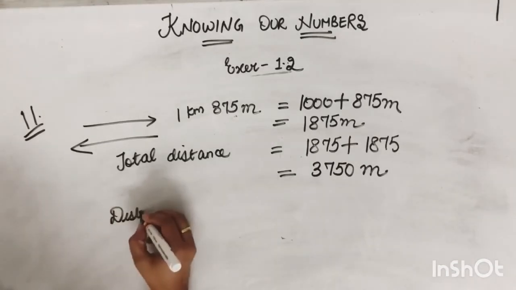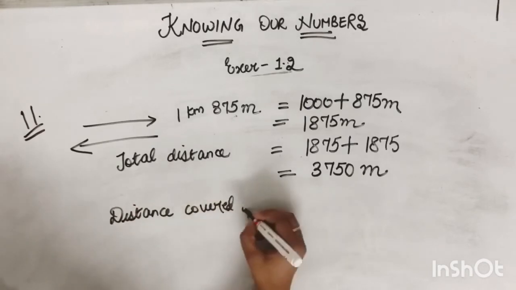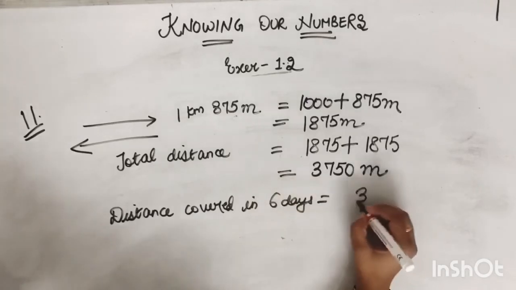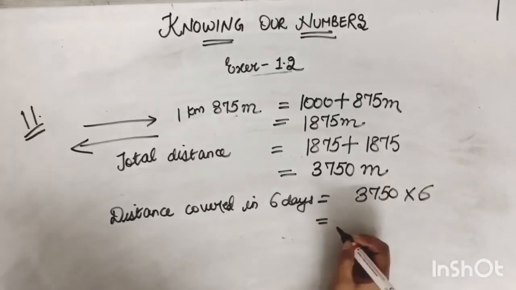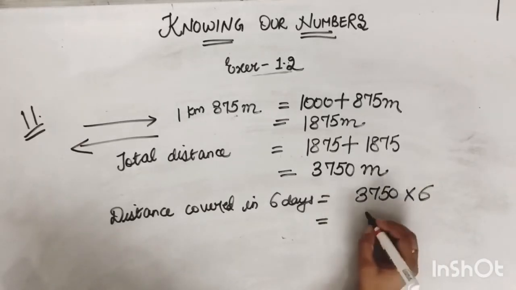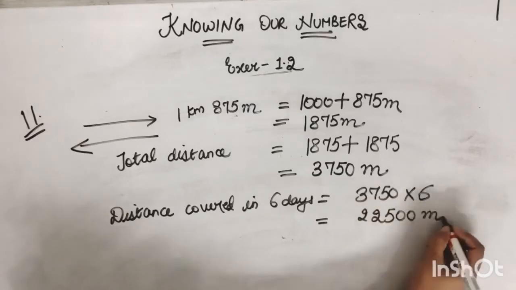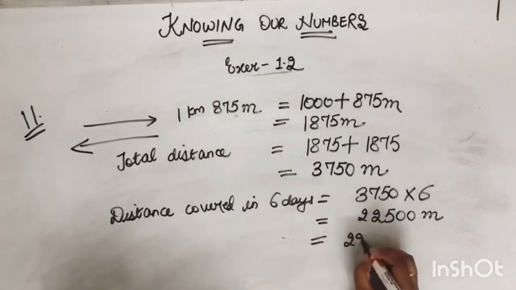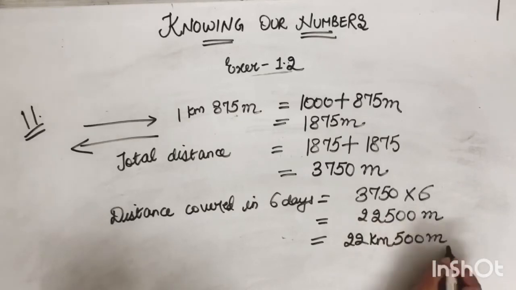Distance covered in 6 days will be equal to 22,500 meters. You can convert it into kilometers, so it will be 22 kilometers 500 meters.